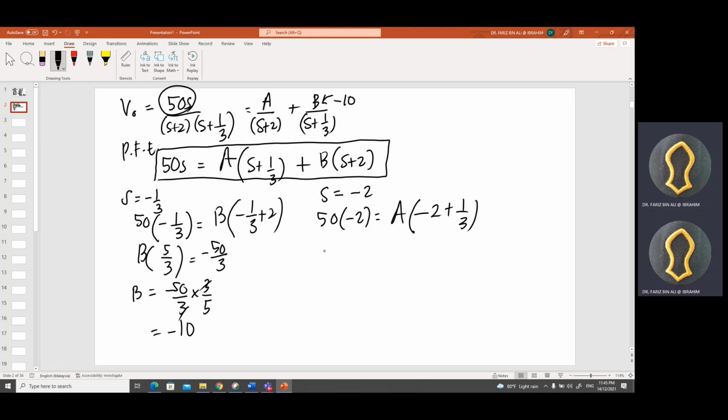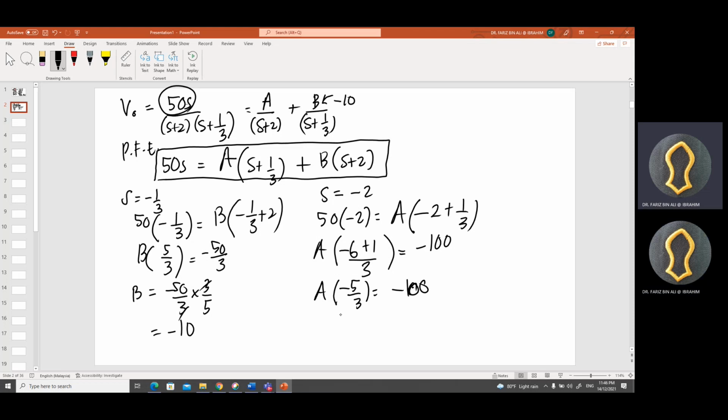Okay, you can simplify this to A in bracket (minus 6 plus 1 over 3) equal to 50 times minus 2, which is minus 100. So A in bracket minus 5 over 3 equal to minus 100. So your A is 100 times 3 over 5.